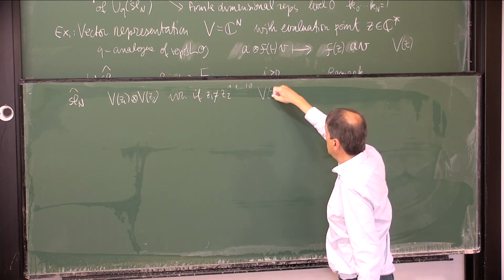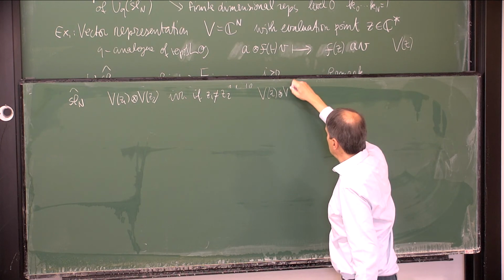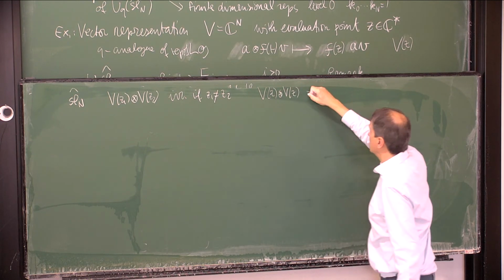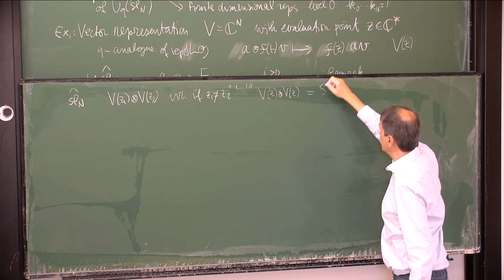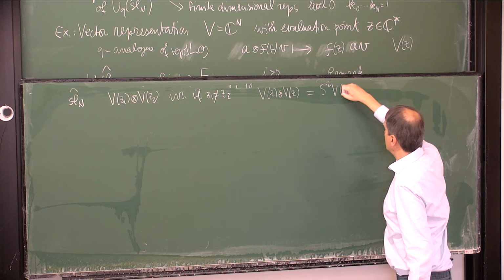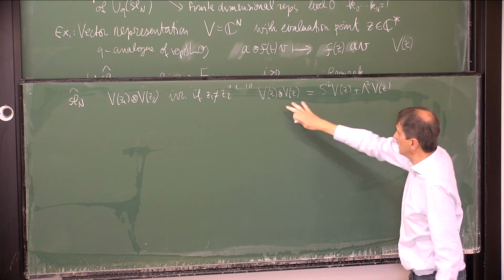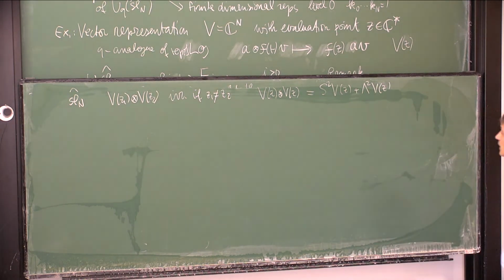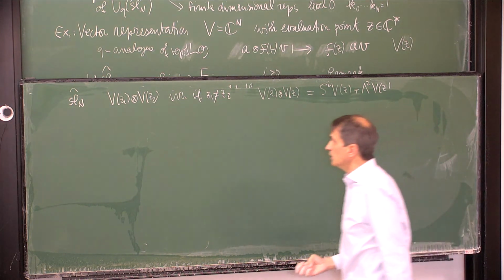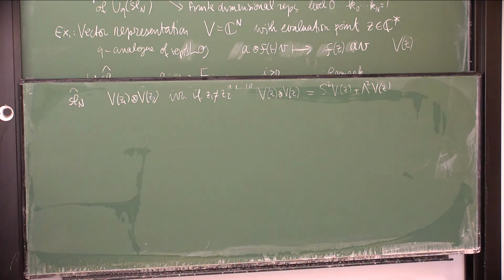But if they are the same, then this decomposes as a copy of the symmetric representation, and you can take symmetric and skew-symmetric tensors, and it's a decomposition into irreducible representations. So now we would like to do the same in the quantum case.